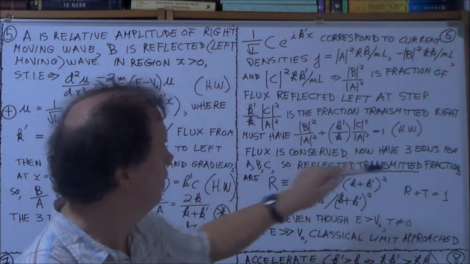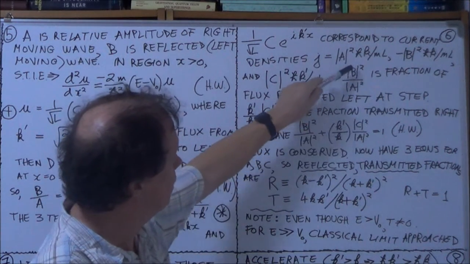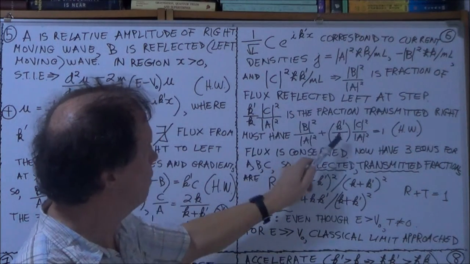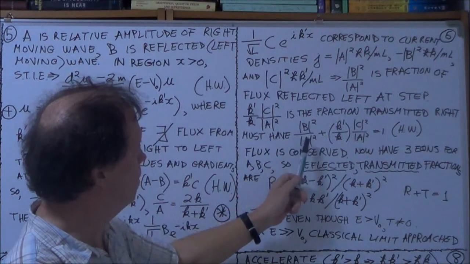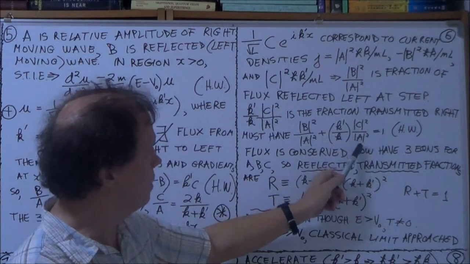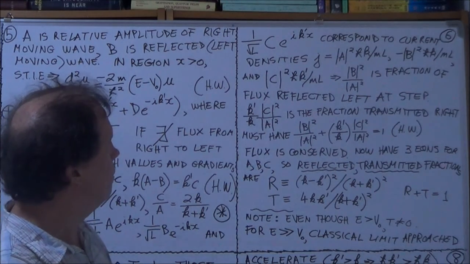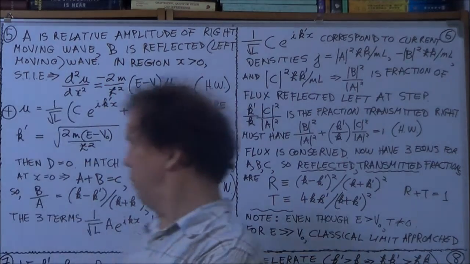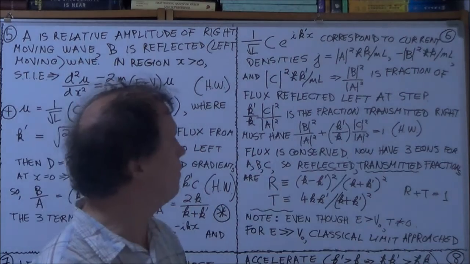So again, for homework, prove that the fraction that's reflected plus the fraction that gets transmitted equals 1. So actually calculate B squared over A squared plus K dashed over K times C squared over A squared. Prove that that's equal to 1, given your values of C over A and B over A, which you know from here and here. Okay, so do that for homework.